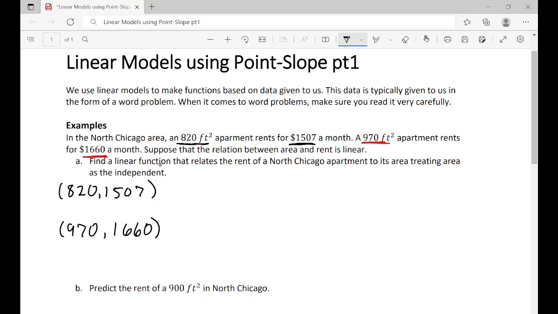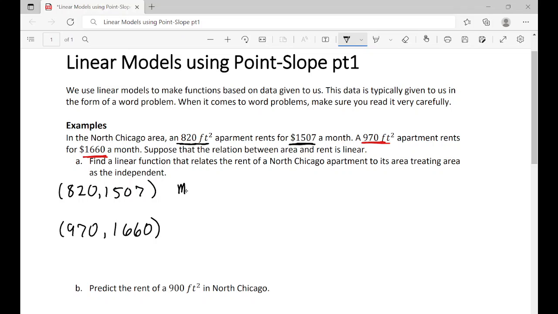Now we got to find a linear function. So that means we got to find a linear equation to write. And you can only write a linear equation if you have a point and a slope. Well, we have 2 points, which we can choose from later, but we need to find a slope. So we're going to use our slope formula and use these 2 points to find the slope.